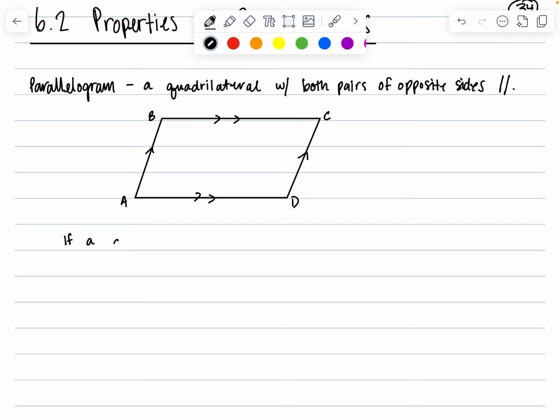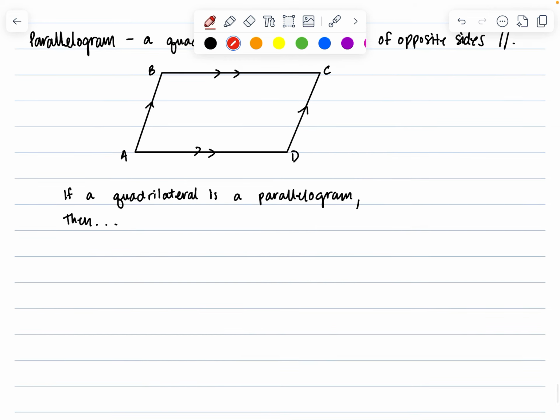Okay? If a quadrilateral, so notice that starts off with if, just like a proof would, or a reason. If a quadrilateral is a parallelogram, then these 5 properties of parallelograms are true.